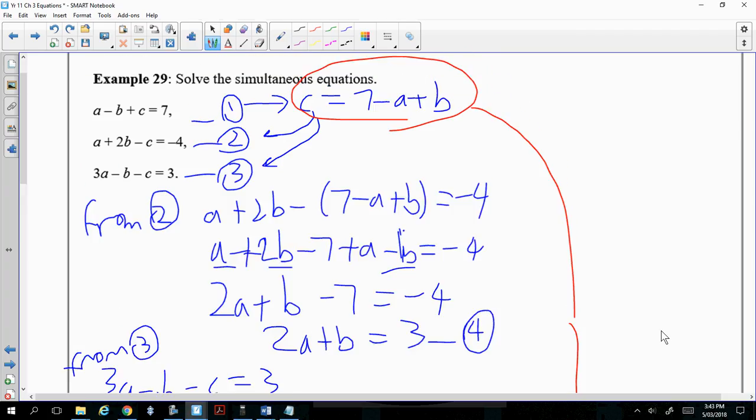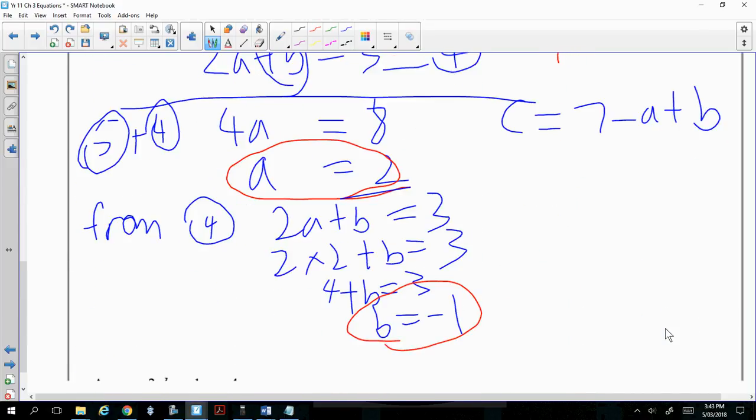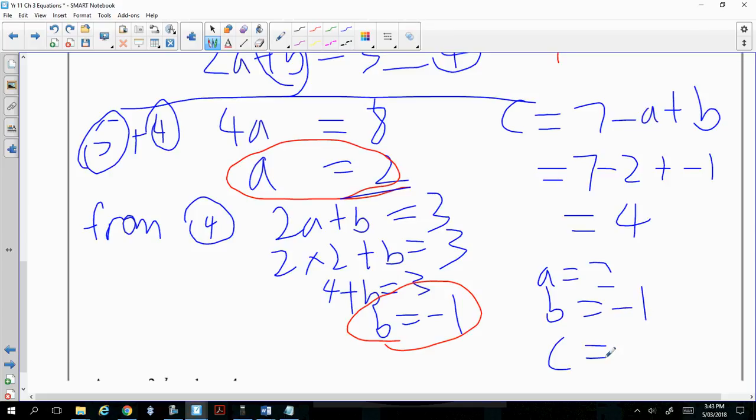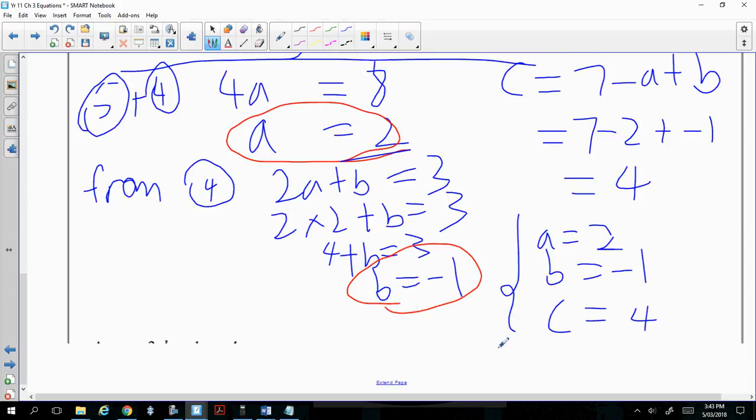Okay, so we go 7 minus 2 plus negative 1, which is 4. So the answer is a equals 2, b is negative 1, c is 4. You can check. I think that's done.